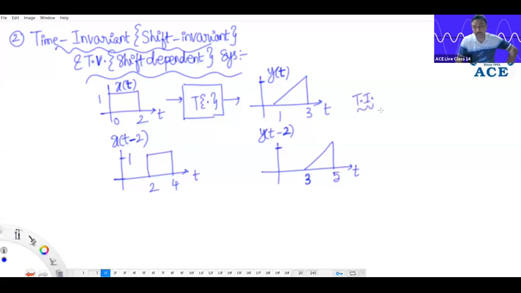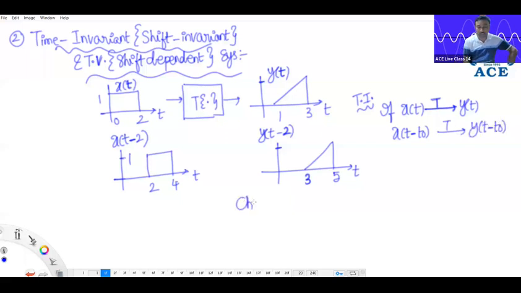So mathematically, we will say like this. If x of t maps to y of t, the meaning of this mapping is the system operation we are using, then x of t minus t naught should map to y of t minus t naught. What is the check for the time invariance condition?